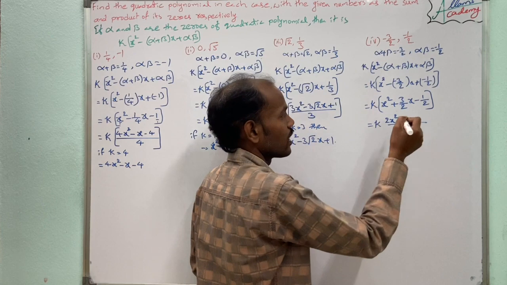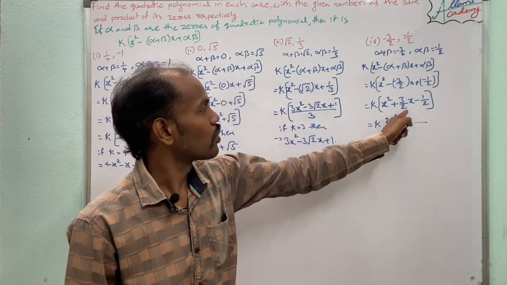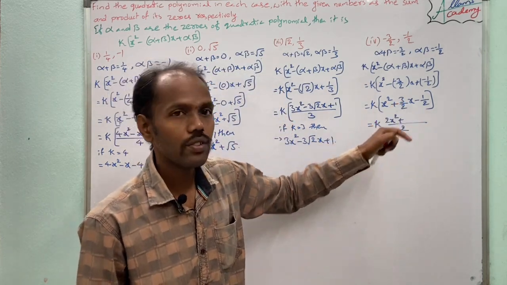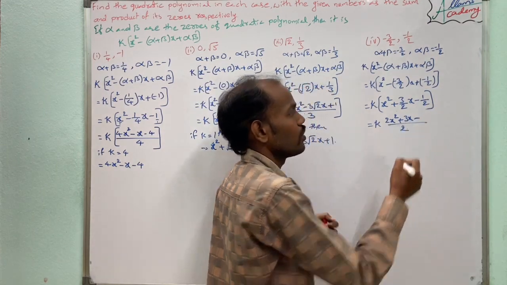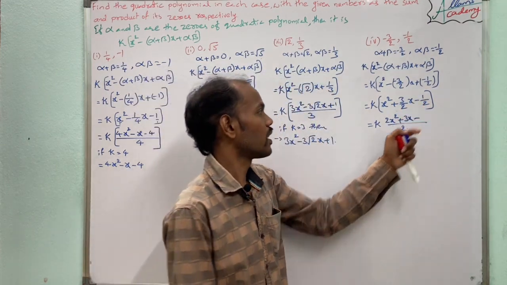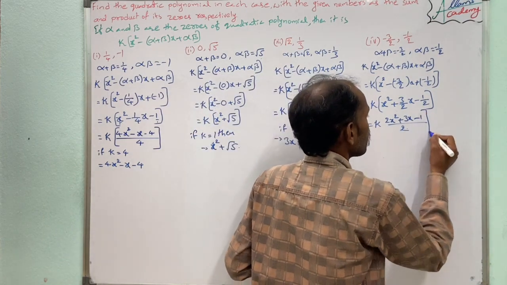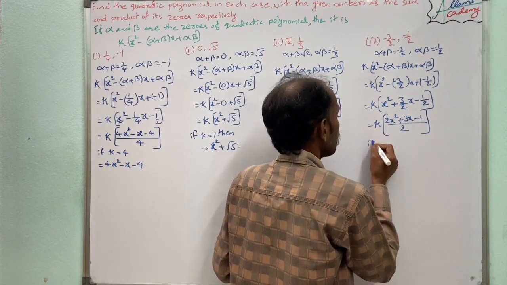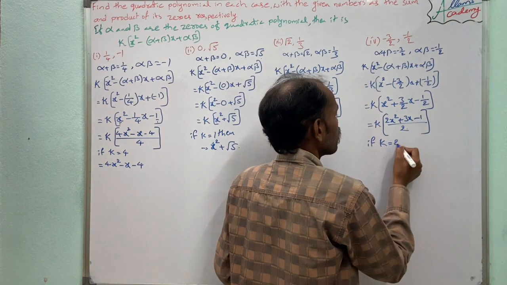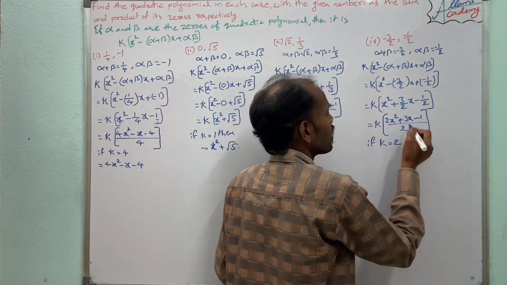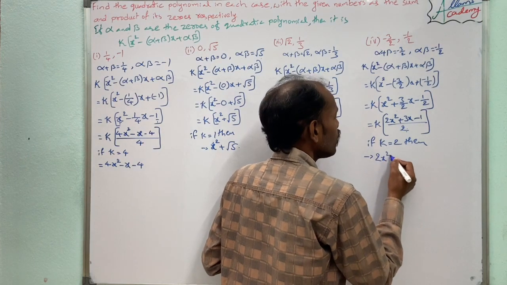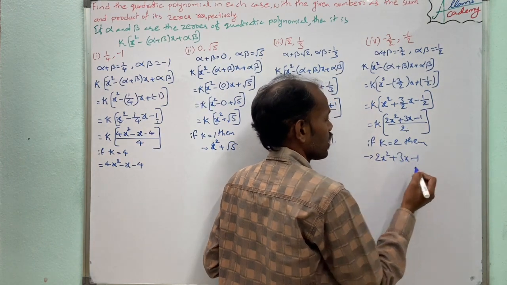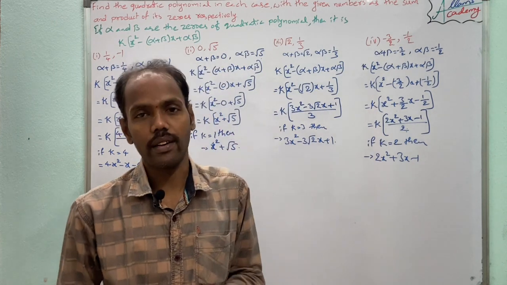And here the denominator is 2, so 2 ones are 2, so 1 into 3 is 3 only, so 3x. And 2 ones are 2, so 1 into 1 equals 1 only. So if we fill here k equal to 2, because the denominator is 2, then the quadratic polynomial is 2x² plus 3x minus 1.